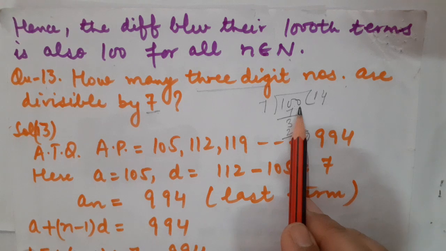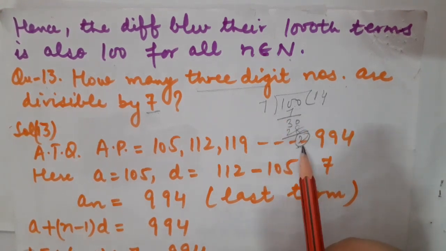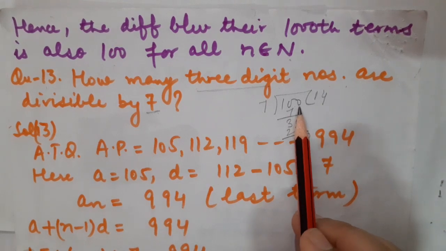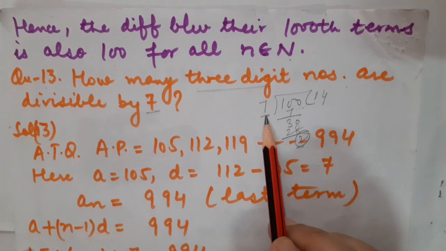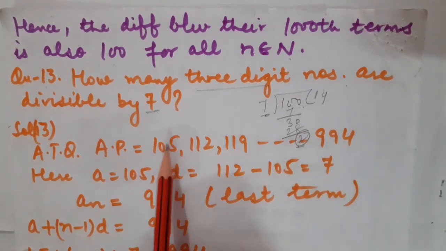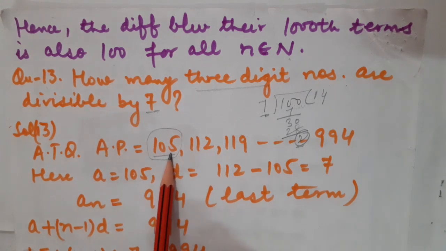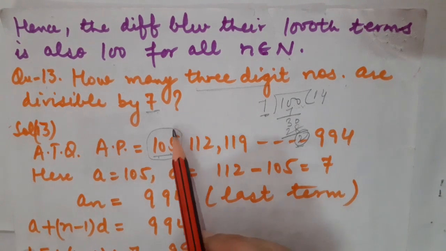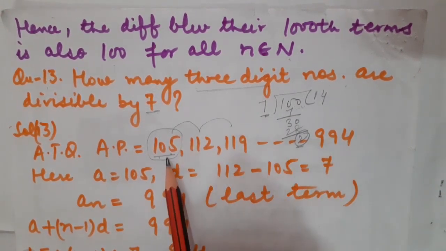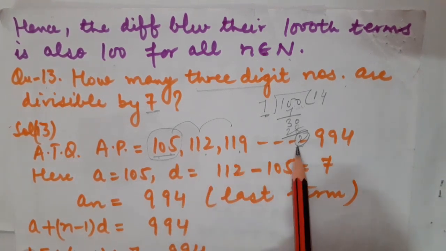Means 100 is not exactly divisible by 7. Now you check 101. That is also not divisible, because the remainder will be 3 in that case. In the same manner 102, 103 and 104 are also not exactly divisible by 7. So the very first 3-digit number which is exactly divisible by 7 is 105. After that, children, you can take the gap of 7 to form the AP. So it will be 105, 112, 119 and so on.